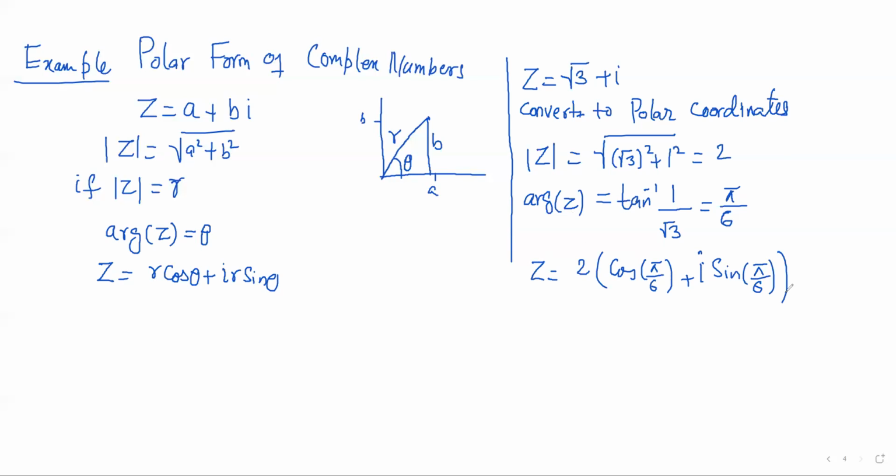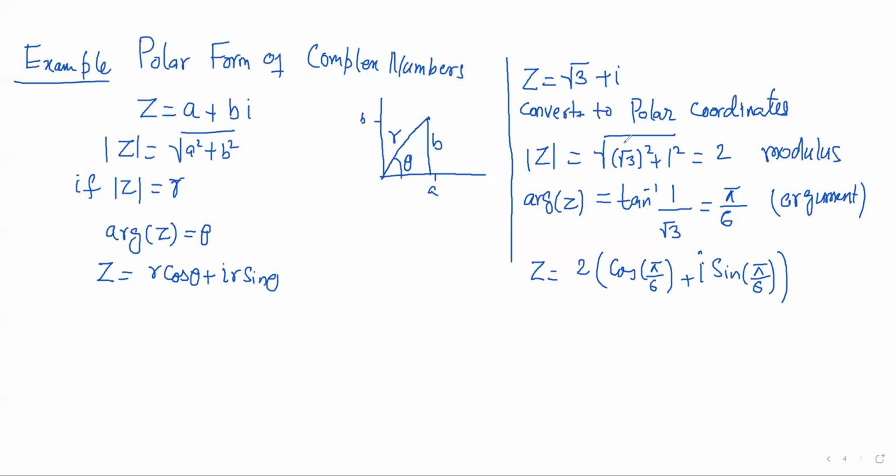Okay, so in the polar coordinates, we can represent a complex number like this. Whenever we want to represent a complex number in polar coordinates, first find its modulus, then find its argument.